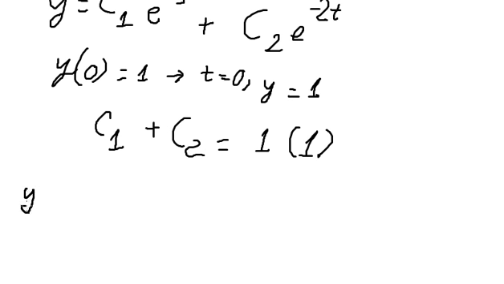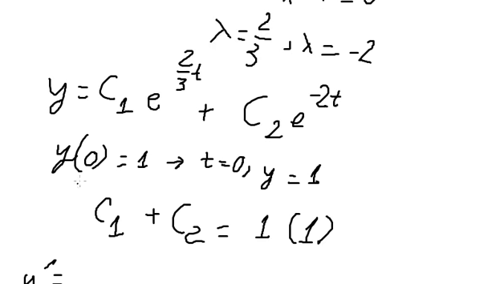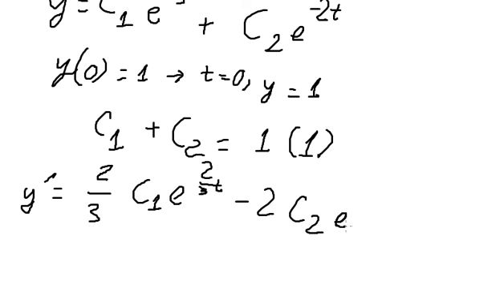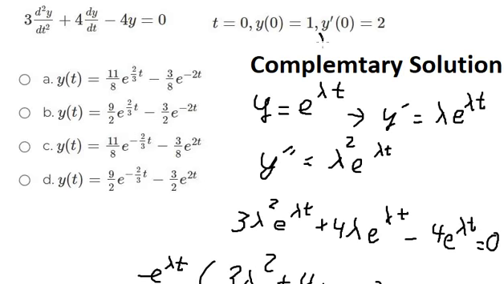Now if we do the first derivative, this one we will have 2 over 3 c1 e to the power of 2 over 3 t. And we have negative 2 c2 e to the power of negative 2t. We have the condition in here.